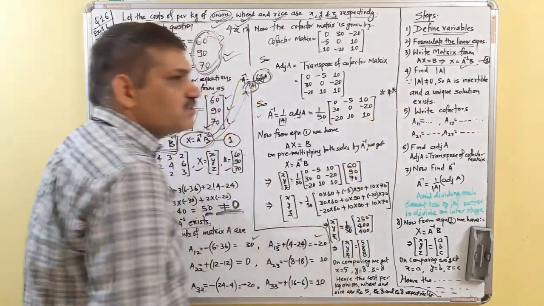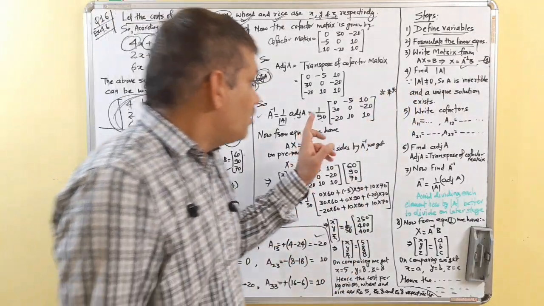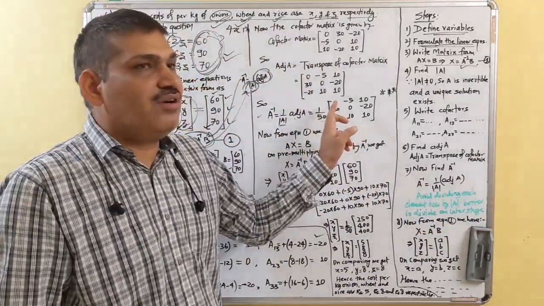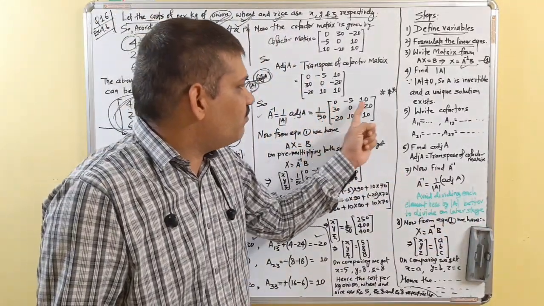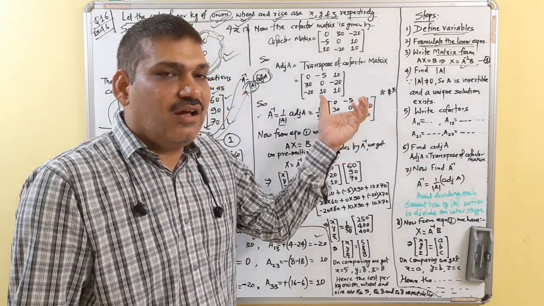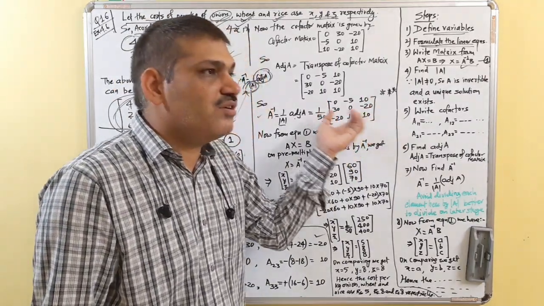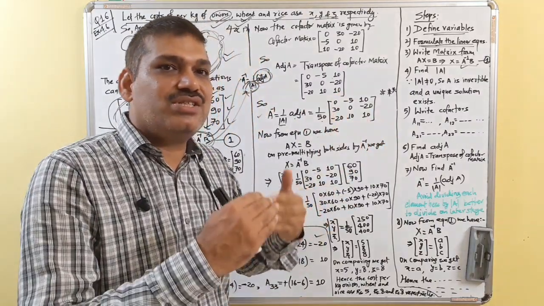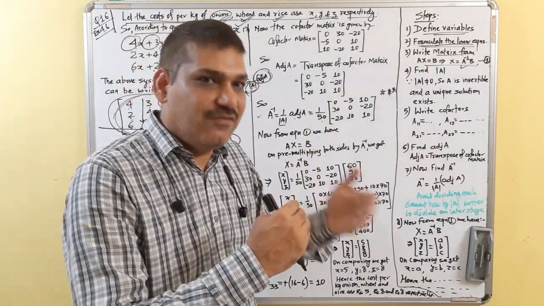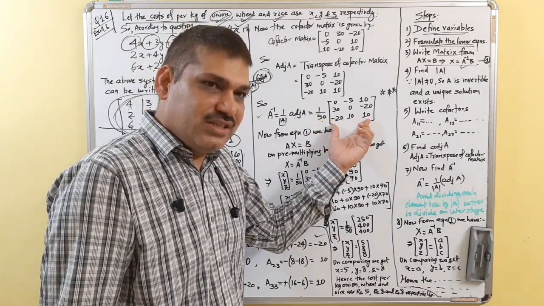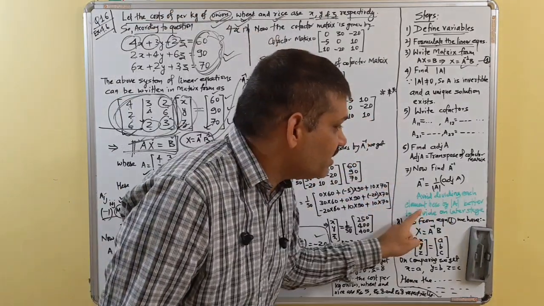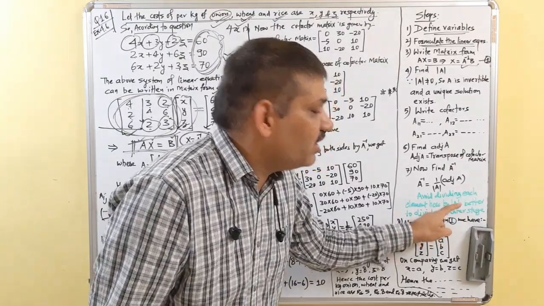Here one point must be on our mind. Avoid dividing each element here by determinant A, because if you divide each and every term by 50, almost all the elements of this matrix will be fractions, and calculation with fractions is a bit tougher than with integers.